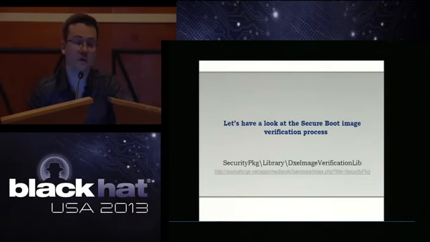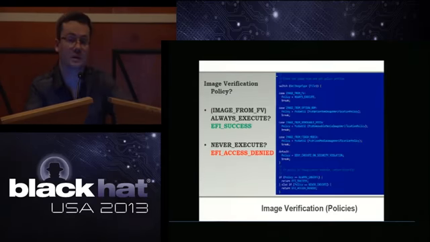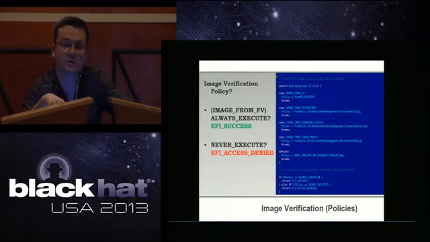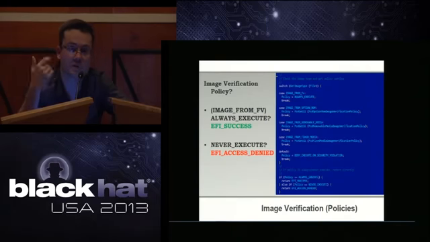So let's have a look at the actual process of validating the images. First, the code, the flow that validates all the loaded images, is registered as a callback. So every time any UEFI-based image is loaded, this code is invoked. It does those checks. First, it checks policies.